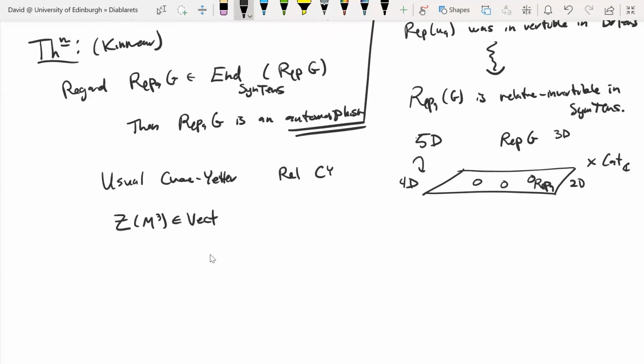In relative Crane-Yetter, Z of a 3-manifold is not a vector space, but rather a vector bundle on the character stack of M. But in fact, by Patrick's result, it's better than that. It's a line bundle.